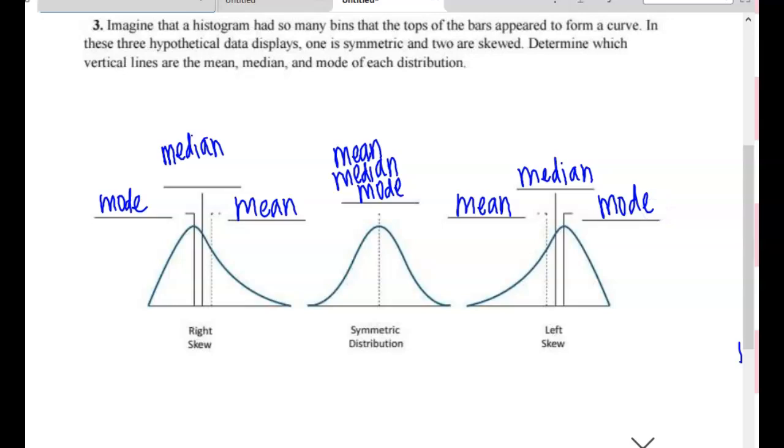Now another word you want to write down on here is the tail. So wherever the tail is, if you're looking at a data display, the tail is usually where the skewness is. So if the skew's on the right, the tail's on the right. If the skew's on the left, then the left is where the tail is. Okay.